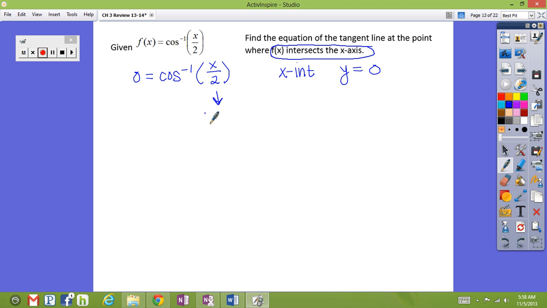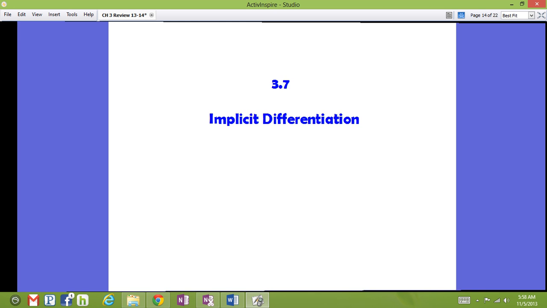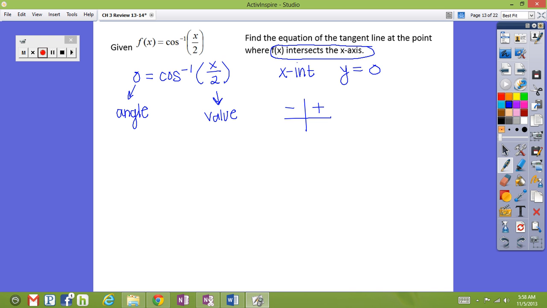This is a value, and this is the angle. So really, this question is asking you, given the quadrants you're allowed to use for cosine, which are only first and second, cosine inverse only allows you to use those quadrants.